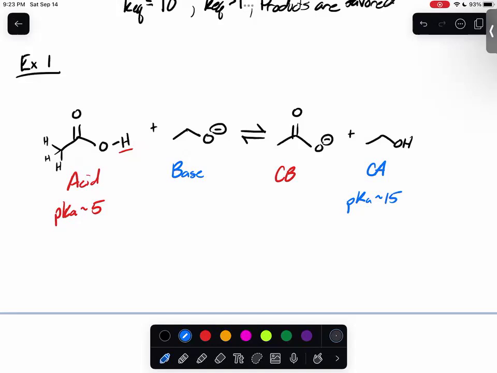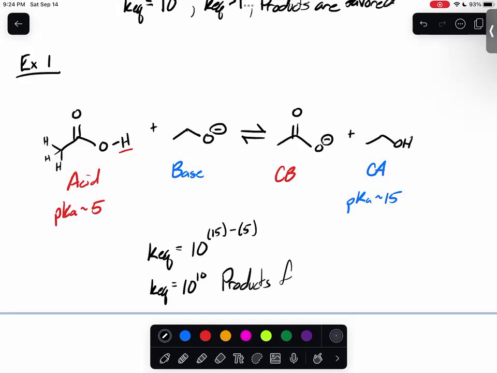So where we want our KEQ, what we would do is 10 to the conjugate acid, which is 15, minus 5 for the acid. And that tells us that the reaction has a KEQ of 10 to the 10th, right? Once again, products are favored, which is great. So this is an example of how we can use these pKa values to justify an equilibrium constant value. Okay?